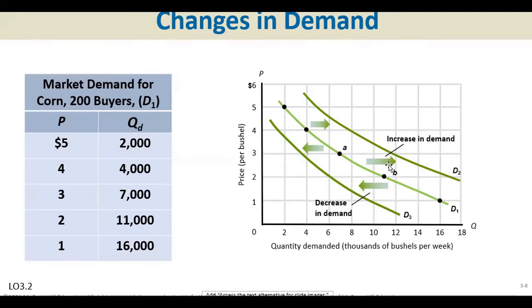But the demand itself is the schedule: D1, D2, and D3. So the change in demand is the shift of the entire schedule. If demand increases, for instance, we will have a shift up from D1 to D2. If demand decreases, it will shift down to D3.